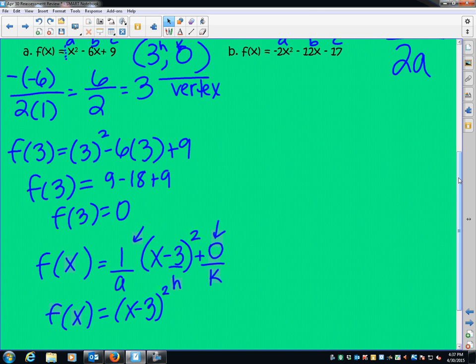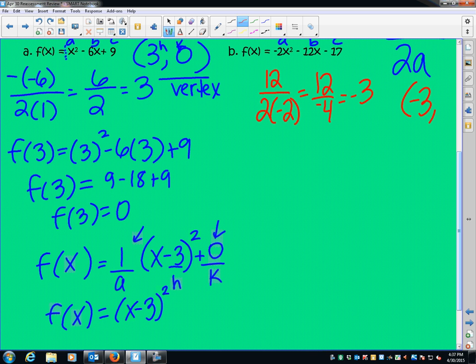All right, let's do it again with another one. So negative b is going to turn our 12 positive, over 2 times a, which is -2. 12 over -4 equals -3. I've got my x of my vertex. Now I need to find my y. So I'm going to plug it in by doing f of -3.